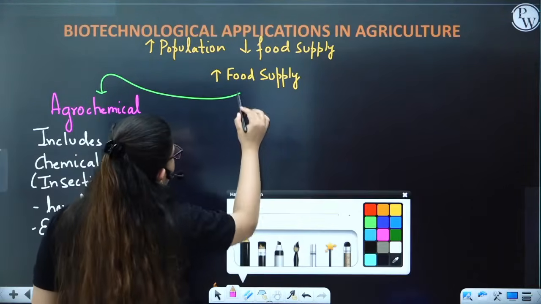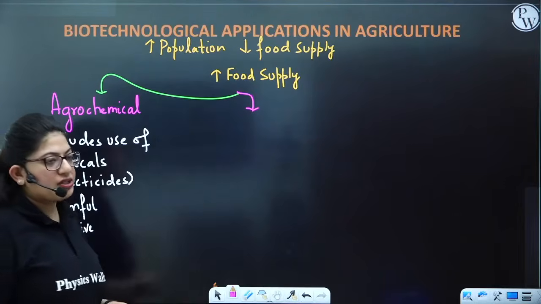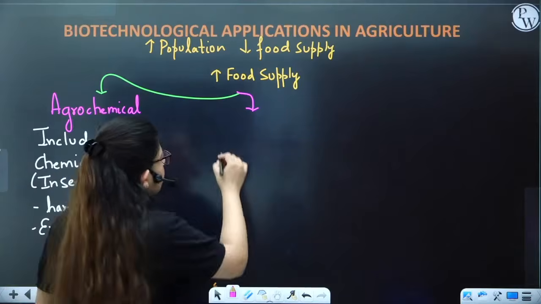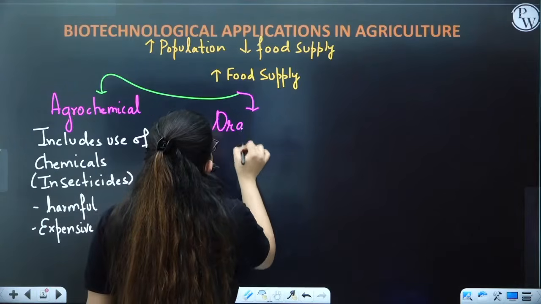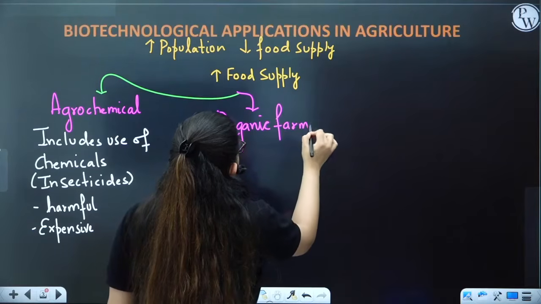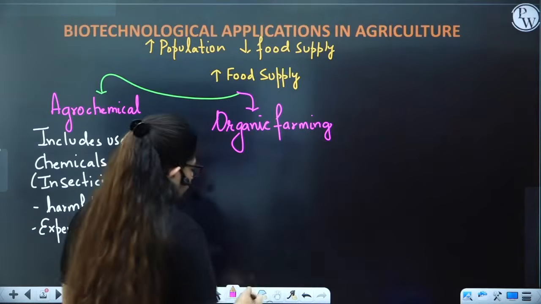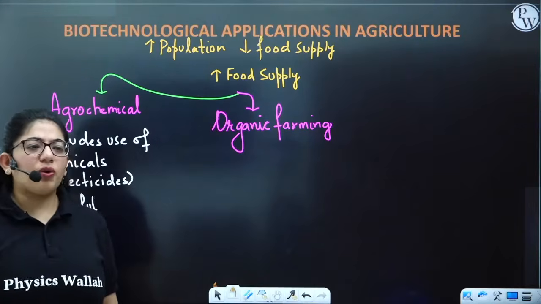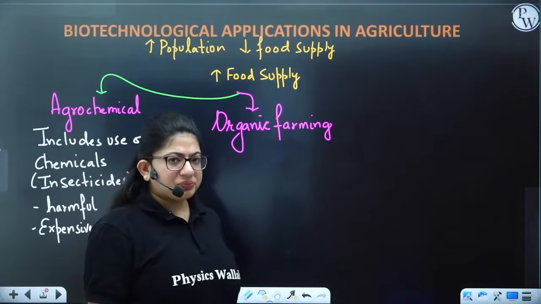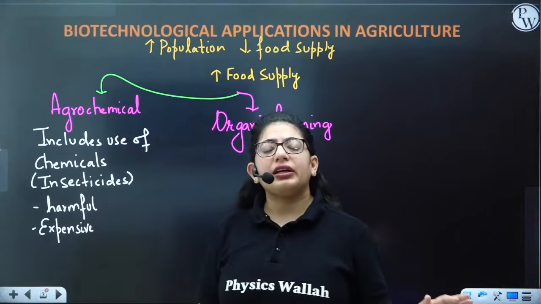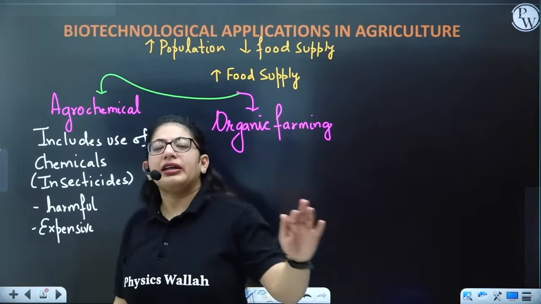If these are harmful and they're not good for the environment, why not go for everything that's organic? Nowadays you must be hearing about things that are organic, right? If you go for purchasing pulses and all, they will ask you, do you want organic or normal? Organic farming is a type of farming wherein you're not using any chemicals. It's completely nature friendly.